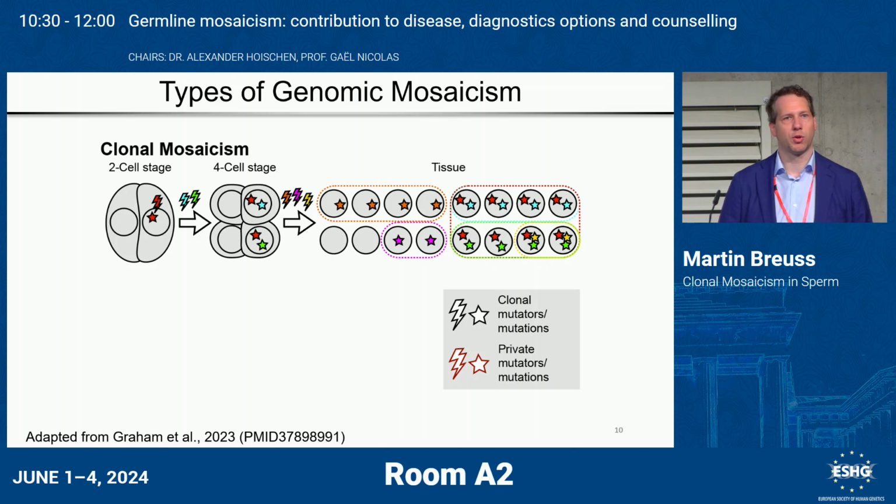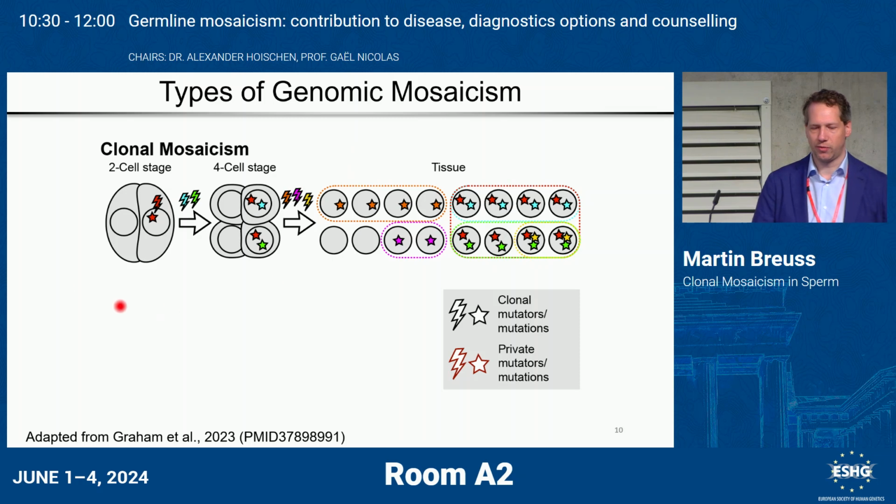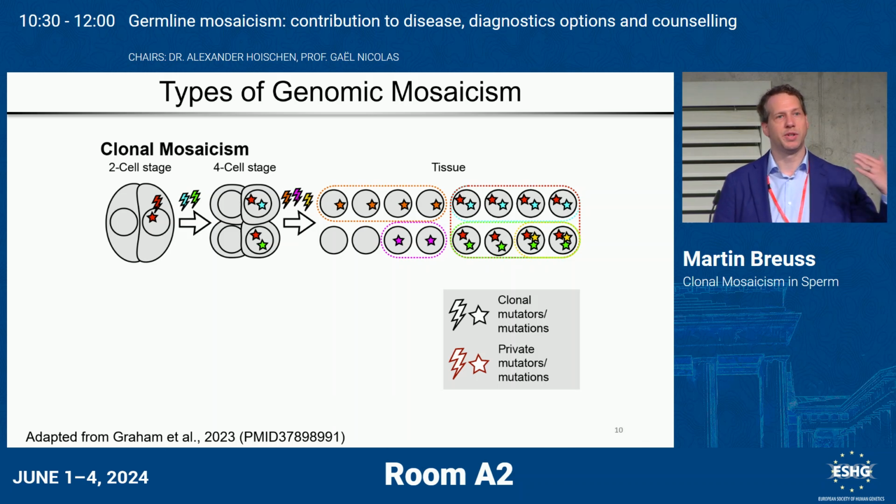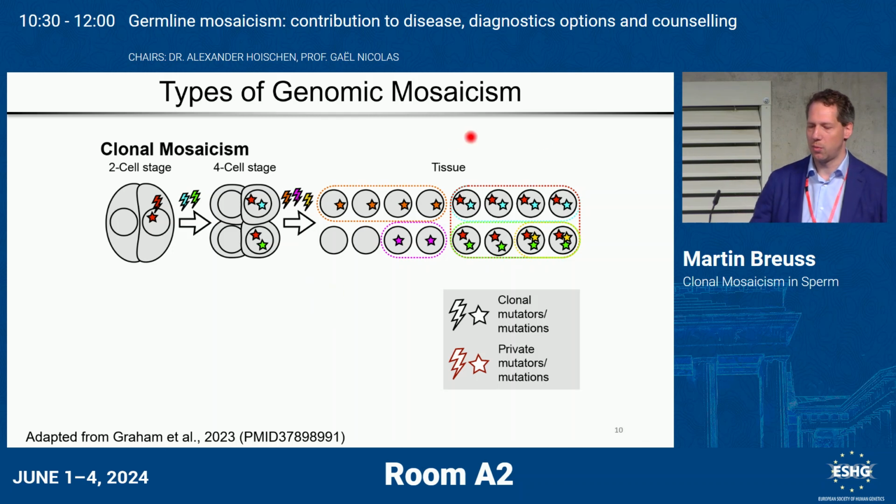One of them is clonal mosaicism, here illustrated by a 2-cell and 4-cell stage embryo that accumulates mutations in a mother cell, and then they will be transmitted to the daughter cell and to the entire lineage, making all of these cells mosaics of different mutations.